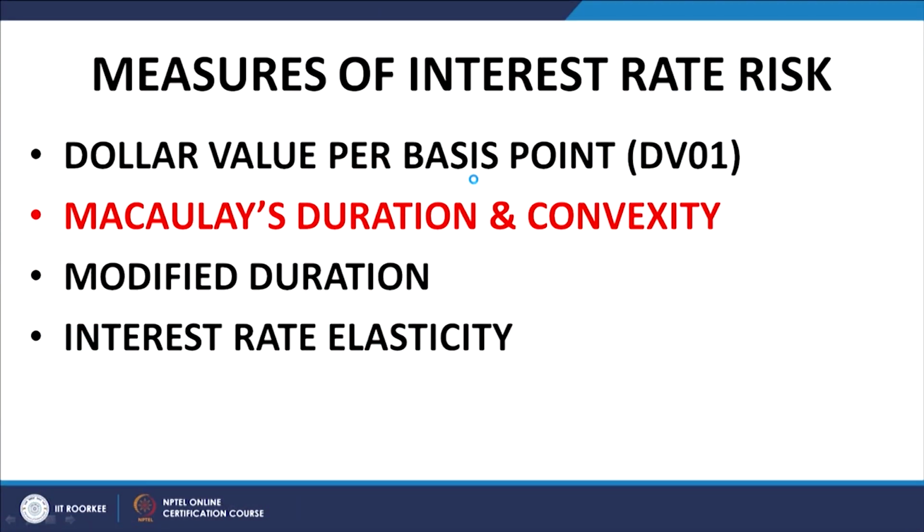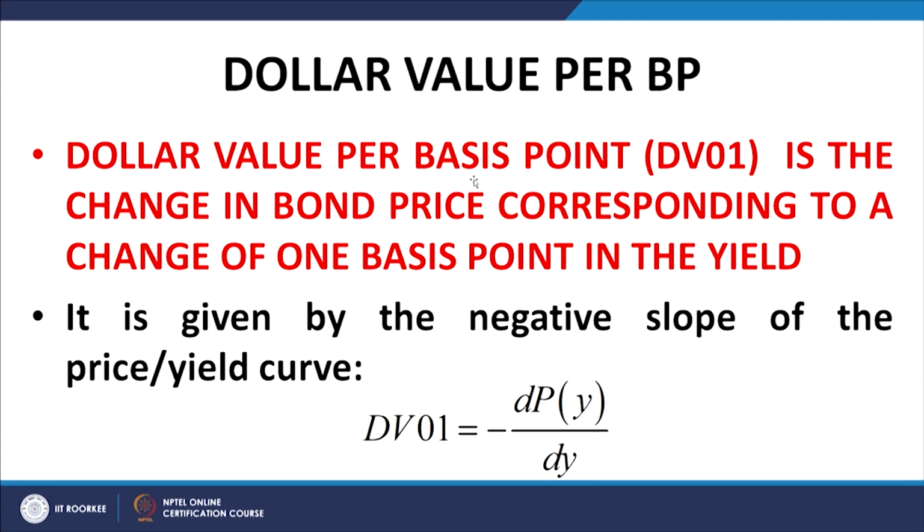Now, we come to the measures of interest rate risk. There are 4 common measures of interest rate risk, and they are dollar value per basis point, which we abbreviate as DV01. The second measure of interest rate risk is Macaulay's duration and convexity. The third is modified duration, and the fourth is interest rate elasticity. We take each of them in detail. As far as the dollar value per basis point is concerned, it is quite simple.